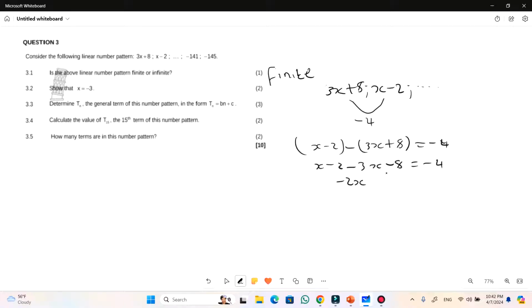Then negative 2 minus 8 is negative 10, and you take that 10 to the other side, so it's negative 4 plus 10, and then negative 2x is equal to positive 6. You just divide by negative 2 on both sides, and then the value of x is equal to negative 3. So we get that negative 3, which we were already told, as they just wanted you to show the value of x.